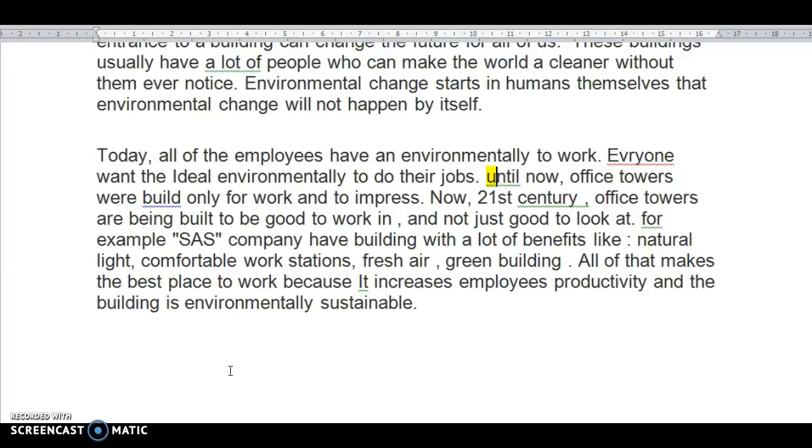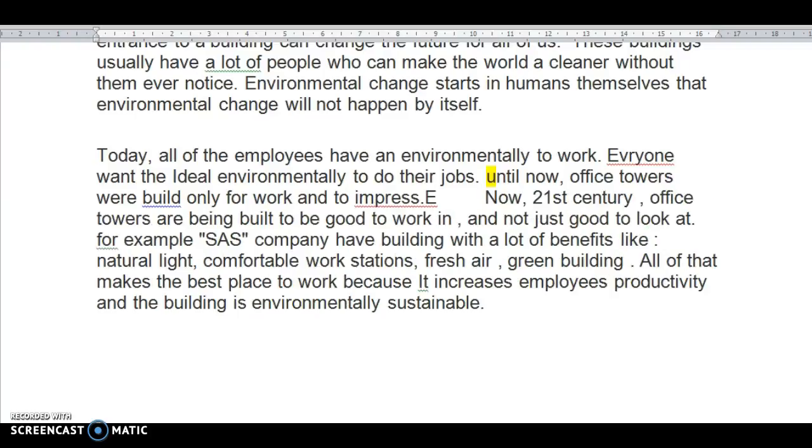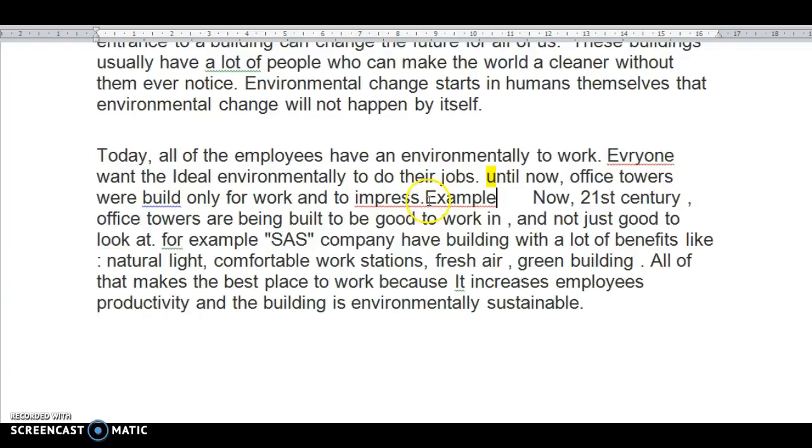"Office towers were built only for work and to impress." Okay, what do I need here? I need here an example. Give me an example. That's what I need here. That it's going to be that it was built for work.